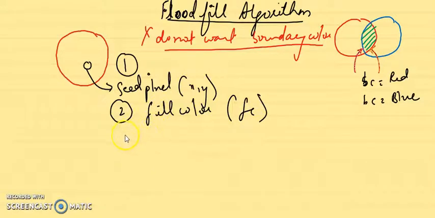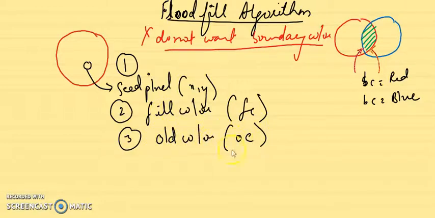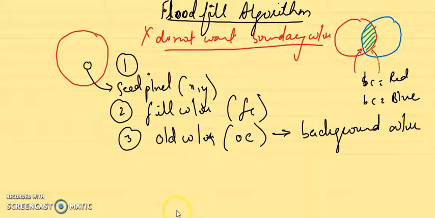And the third thing which I need in flood fill is the old color, that is OC. Now the definition of old color OC is nothing but the background color of the object. So I'm going to call it OC, that's old color, right? The OC that I have written here is different from the OC that we had discussed in the boundary fill algorithm, right?